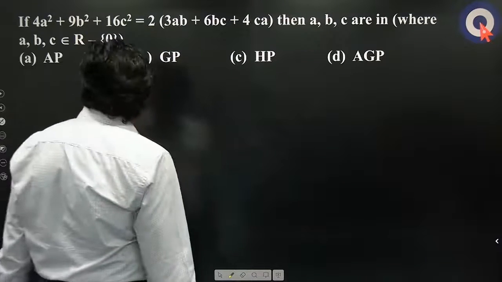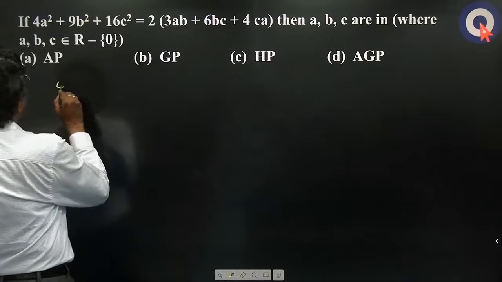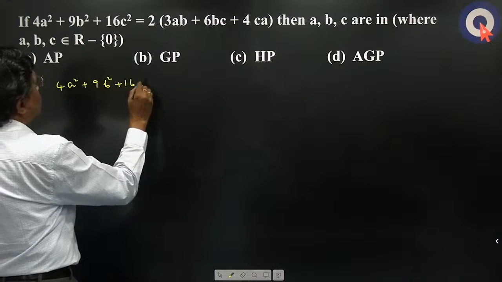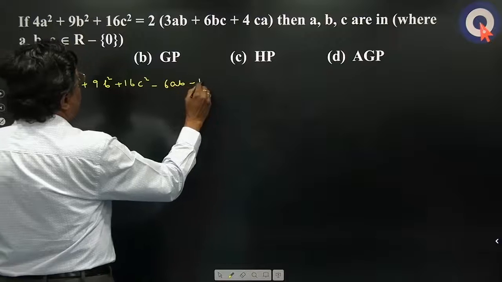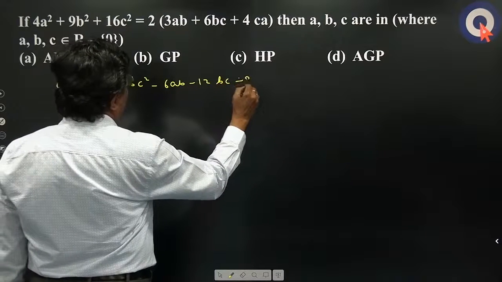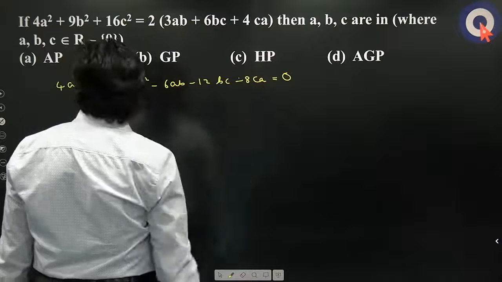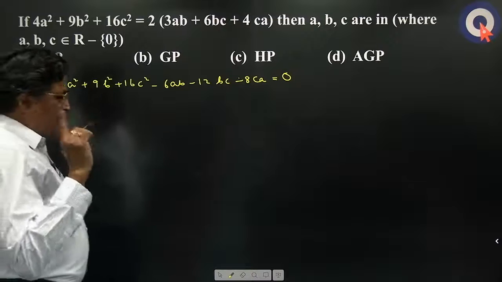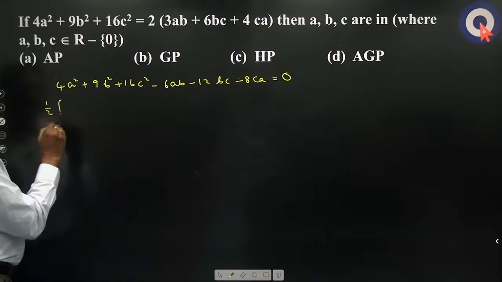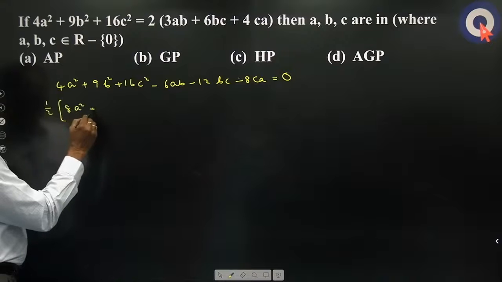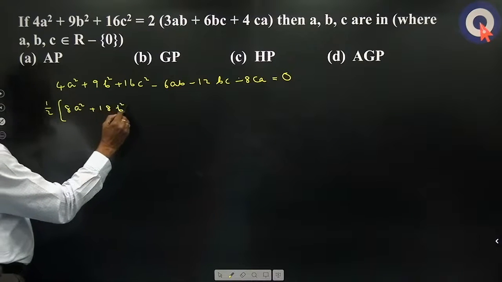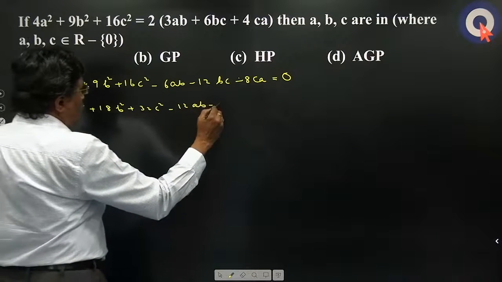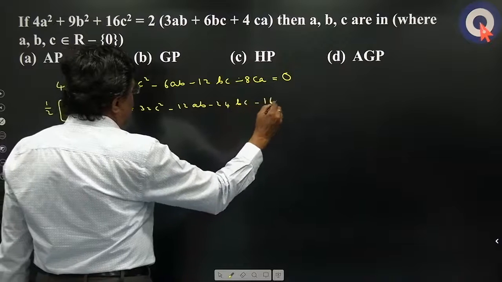So here, 4a square plus 9b square plus 16c square minus 6ab minus 12bc minus 8ca equal to 0. All right. Now this I will write as half into 8a square plus 18b square plus 32c square minus 12ab minus 24bc minus 16ca.